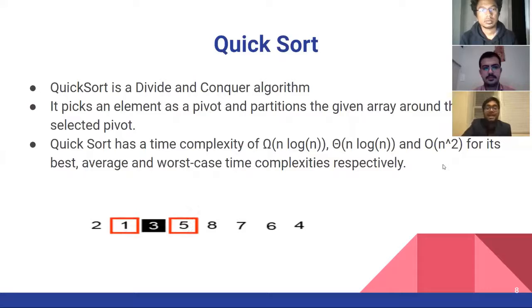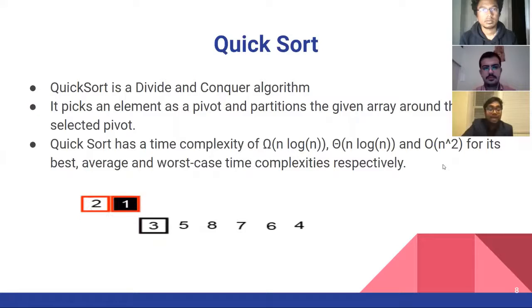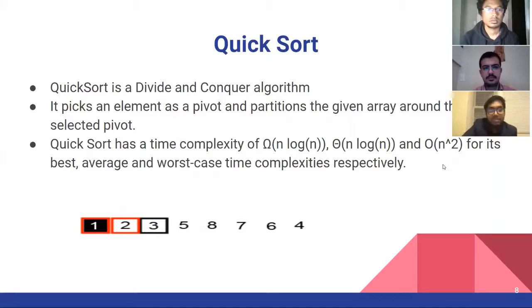Quicksort is an algorithm in which a pivot is selected, and then around that pivot, the array is partitioned. It also has favorable time complexities compared to the other ones. Therefore, our final decision was to go with Quicksort.